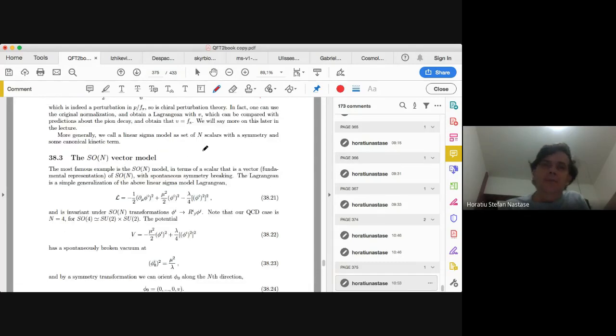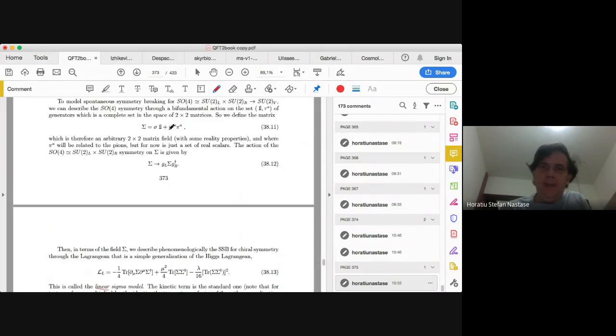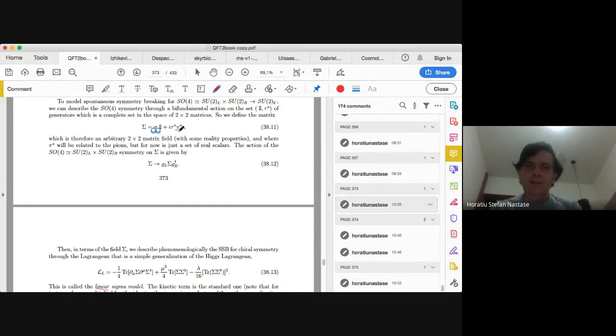Before, I wrote this field sigma that was a complex 2x2 matrix that contained therefore 4 real scalars, written in a form in which I could act on it with SO(4) in a particular way, in a bifundamental way.